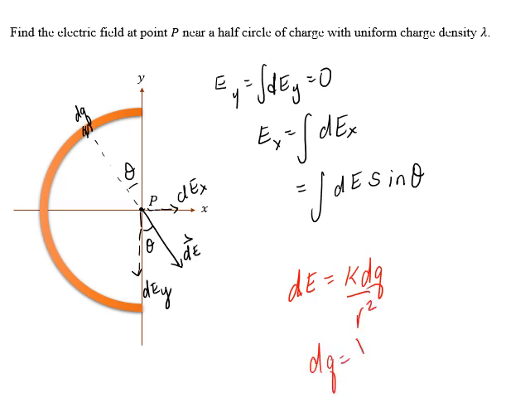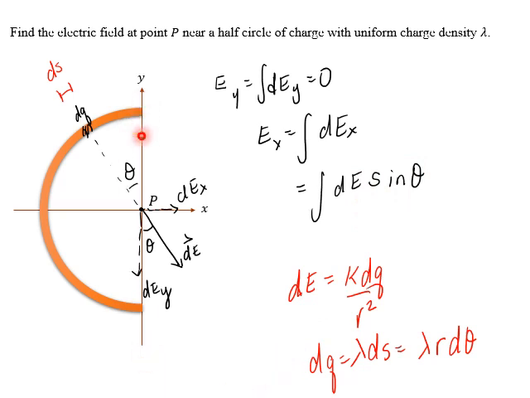dq is equal to lambda times a length element. The length of our little bit of charge is a little bit along a circle, which is ds. ds is arc length. You might remember from high school that arc length is equal to radius times angle, so it's equal to r times d theta. You put this in for your dq, this in for your dE, and do your integrals over the limits of theta.